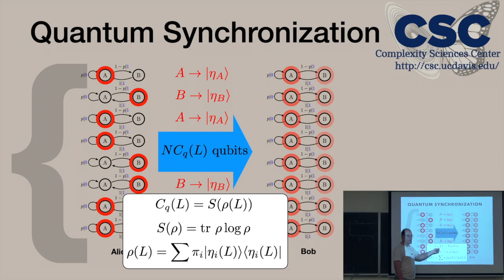CQ, the analog of C mu, is defined by the von Neumann entropy of the ensemble, which is the probabilistic mixing of these various etas, A, B. This ensemble here is the probabilistic mixture of these eta states, and the particular mixture we use is the stationary distribution.